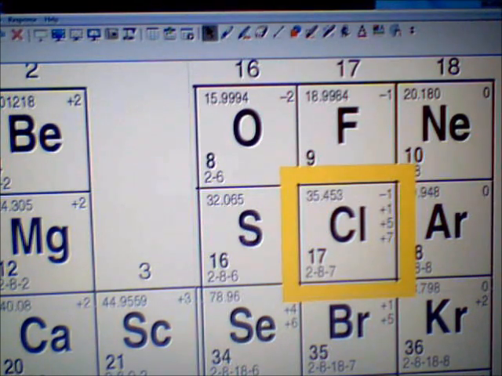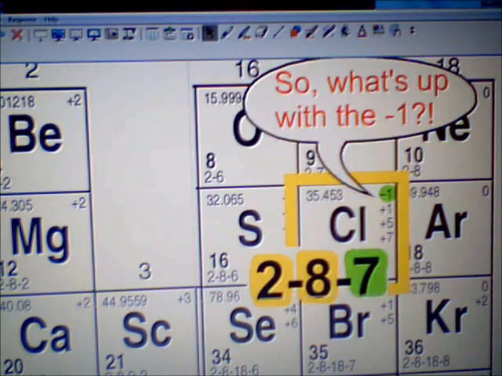Looking at chlorine, you can figure out what ion it will form in order to become like the nearest noble gas. Chlorine's electron configuration in its ground state is 2, 8, 7.